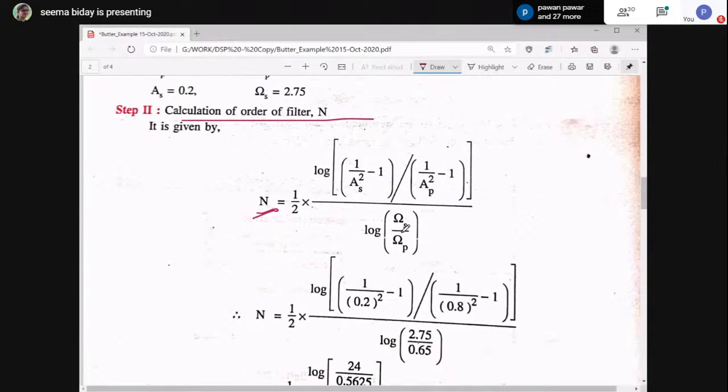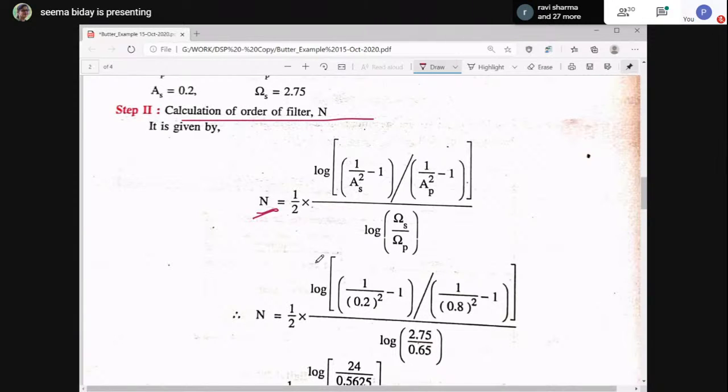Is it understood? You have to remember this is the formula for calculating the order of the Butterworth filter. I am going into the details of the Butterworth filter. For the Chebyshev filter, only the formulae will change and you do it yourself. Only there is a change in the formulae, that's all. These are two different researchers who developed this design technique, right?